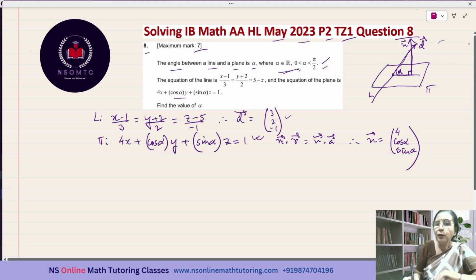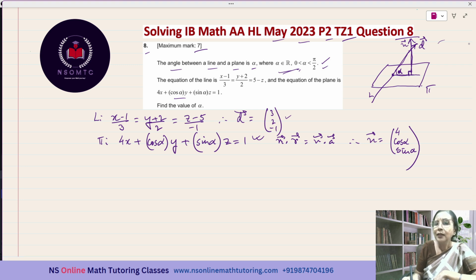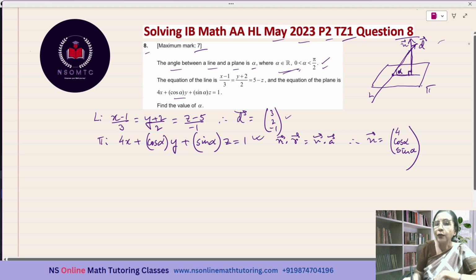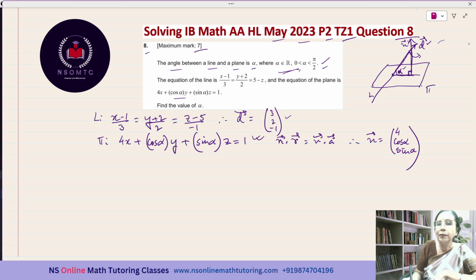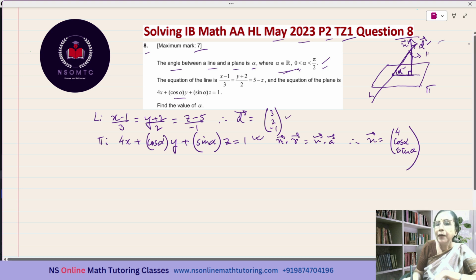So for this right angle triangle, this angle is alpha, this is 90 degrees. And what is this angle? This is the angle of intersection between the direction vector of the line and the normal vector to the plane. So this angle has to be equal to 90 degrees minus alpha, which I write as pi by 2 minus alpha.